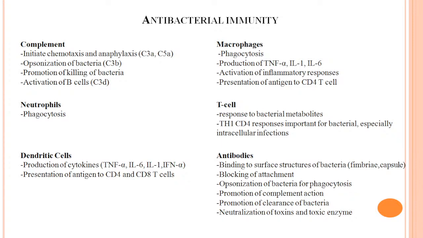They produce cytokines, for example tumor necrosis factor alpha, interleukin 6, interleukin 1, interferon alpha. Some of these cytokines cause inflammation. Another function of dendritic cells is the presentation of antigen to CD4 cells, or T helpers, that then activate CD8 cells.